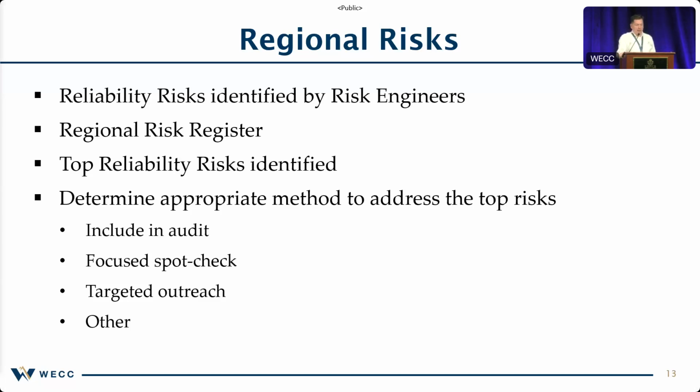And I think the cold weather initiative is a great example of how we should move forward with concerns like that. All these teams got together, identified what they wanted to do and which entities should be involved, which facilities should be included, and how we were going to address those risks.